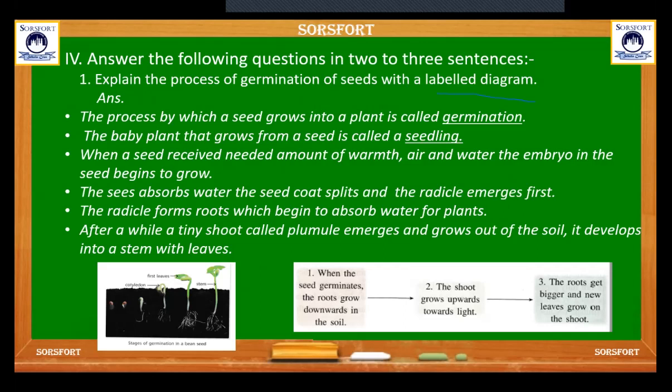When a seed receives the needed amount of warmth, air and water, the embryo in the seed begins to grow. The seeds absorb water, the seed coat splits, and the radicle emerges first. The radicle forms roots which begin to absorb water for the plant. After a while, a tiny shoot called plumule emerges and grows out of the soil. It develops into a stem and leaf. So this diagram and schematic representation you have to do.